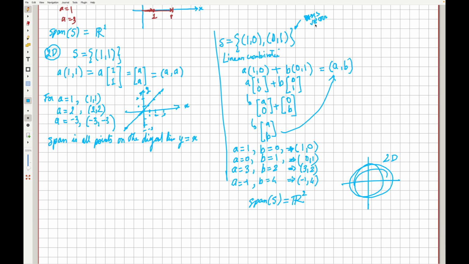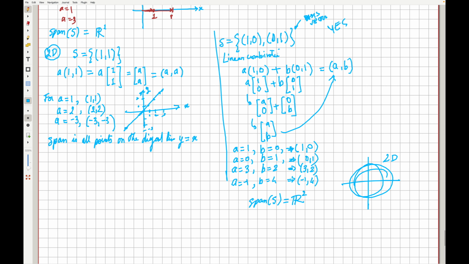And the question you probably have now is, hey, why do you have just 1 0 or 0 1? Why is it that simple? Can we have some different numbers there as basis vectors that can be used to create or reach any point in that particular space? And the answer is yes.